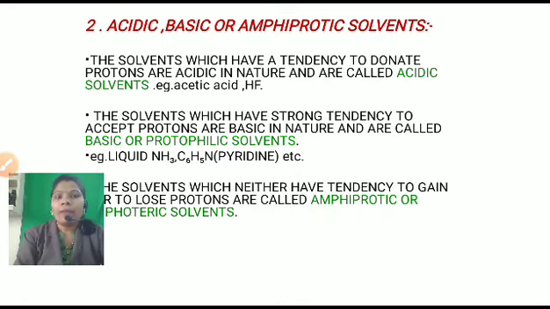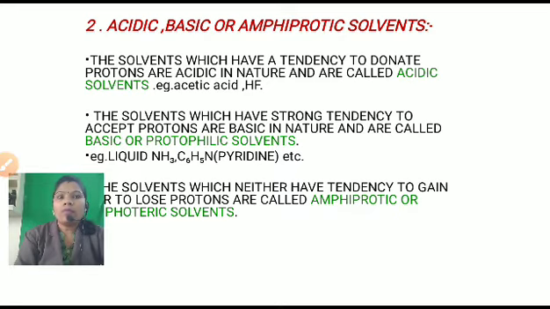And next one is the amphoteric solvent. That means the solvent which has a tendency to both gain and lose the proton is called an amphoteric solvent. In the first type we learned protic and aprotic solvents. Second type is acidic, basic or amphoteric solvent. What is the acidic solvent?